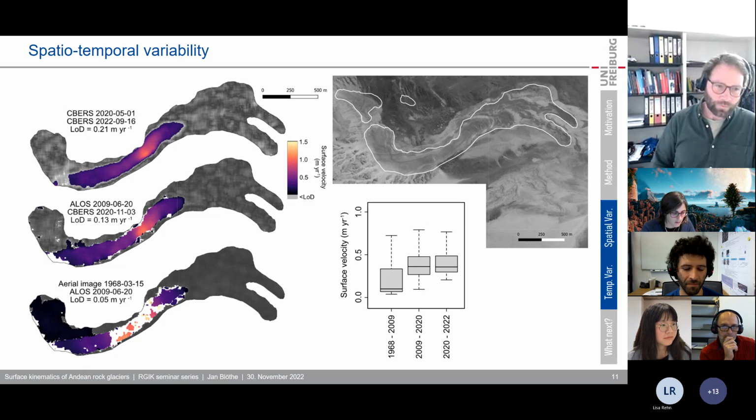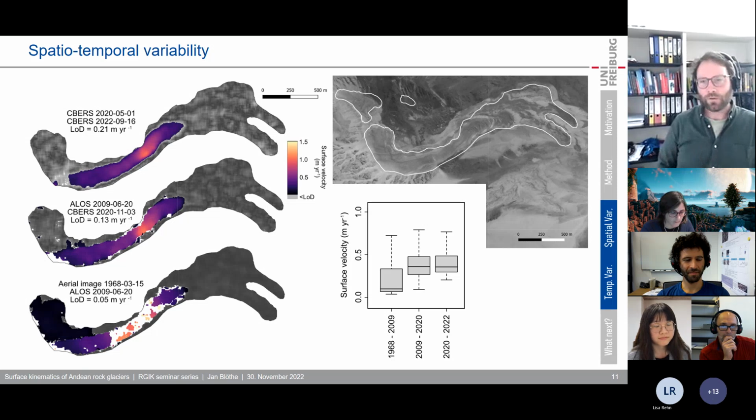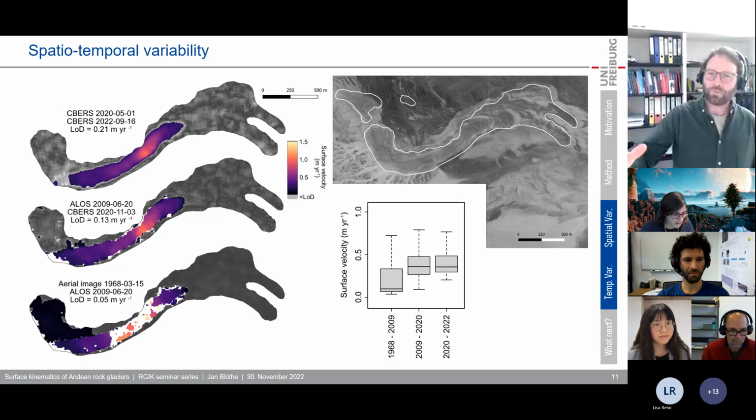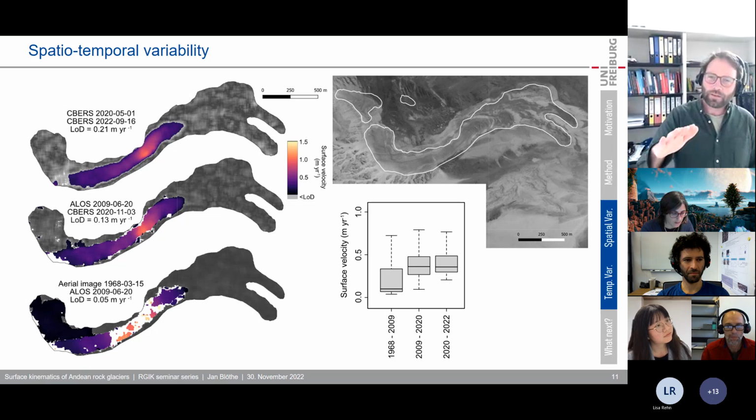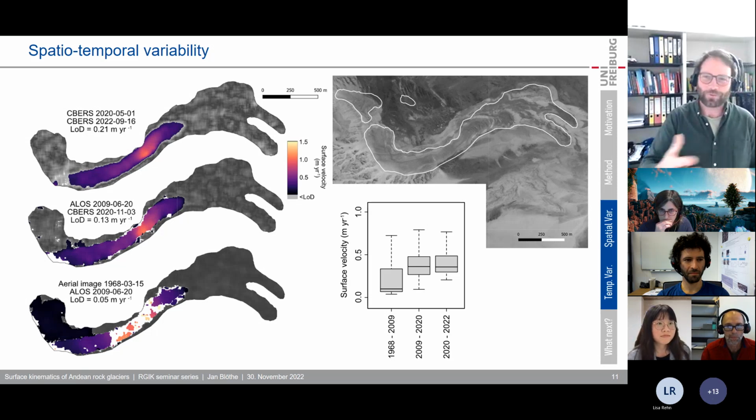And then this orthophoto from 1968, you know we already discussed that before. Even though the quality is quite good, in the central parts we are missing a lot of information. Everything that is white was just not possible to track here. That is because in this part of this particular rock glacier the surface is so smooth that 50 years afterwards we just don't find any matching feature on the rock glacier surface.